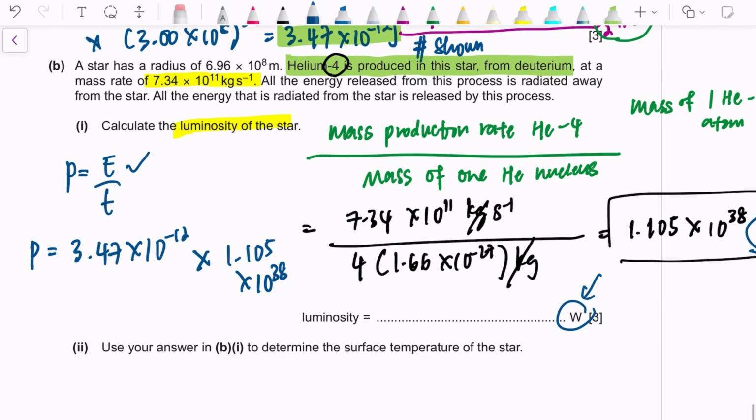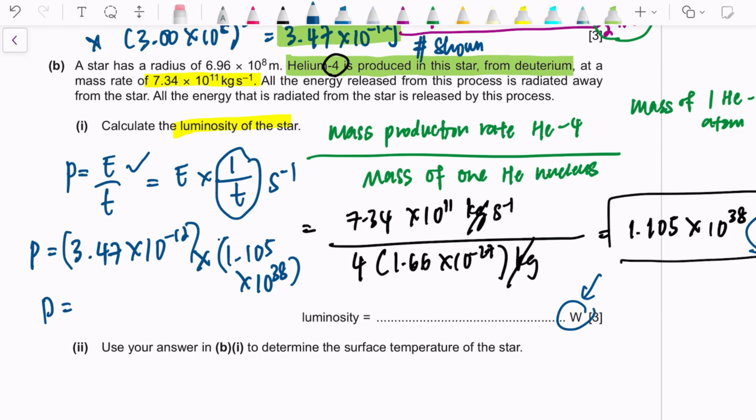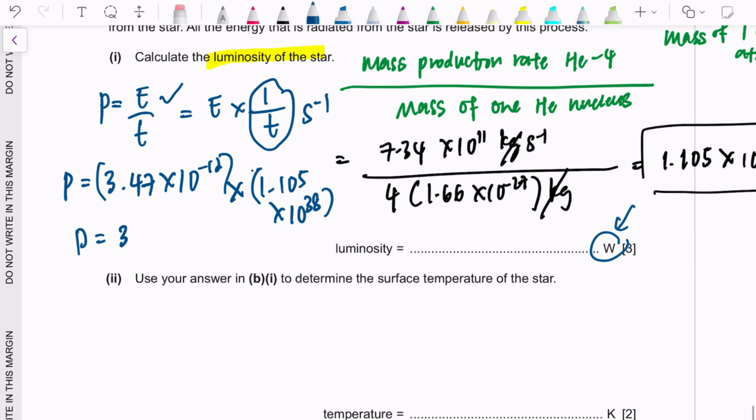In other words, E times 1 over T. It's the same thing. So this 1 over T is per second, so you don't divide, you just straight away times it. And you will get your luminosity to be 3.83 times 10 to the power of 26 watts. And that is your final answer.